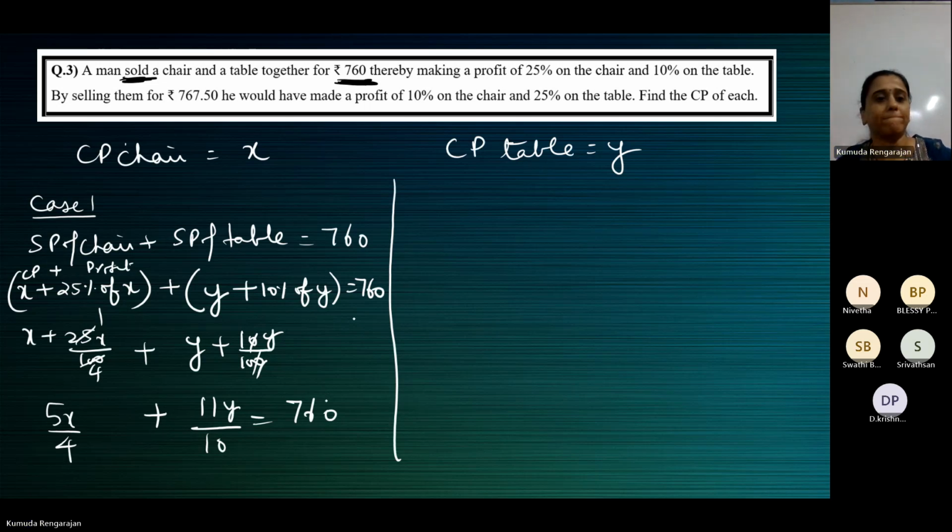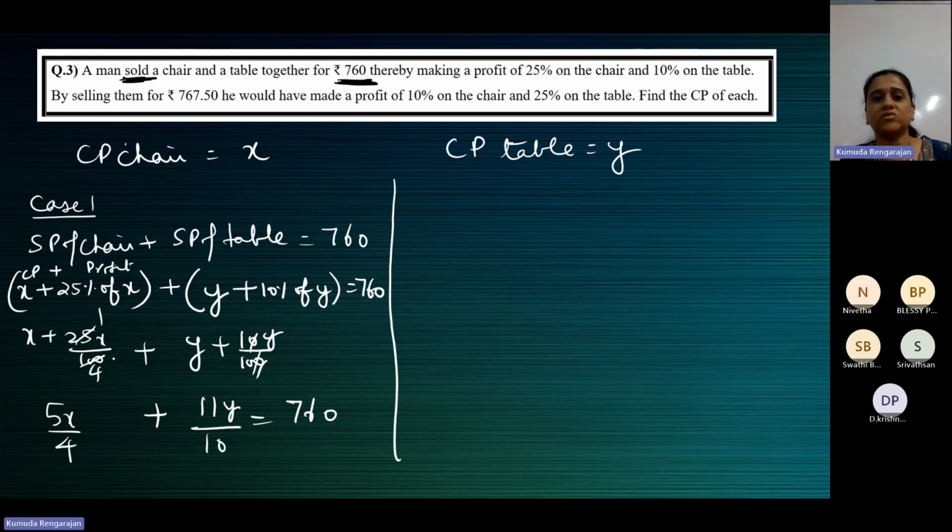So sold meaning selling price. 760 rupees is the total selling price of the chair and table. So how do you construct the equation in words? Selling price of the chair plus the selling price of the table is equal to the total selling price. How do you express selling price? Cost price plus profit.